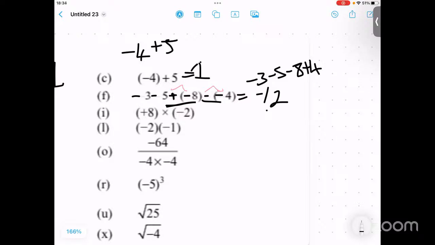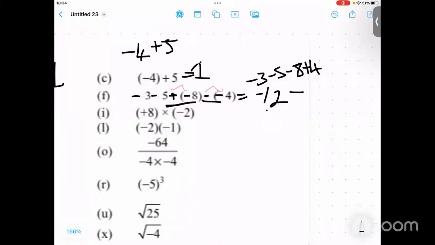So we have -3 -5 is -8. So it's -8 -8, what is 8 plus 8? It's 16. Perfect, and it's -8 -8, so it's -16.